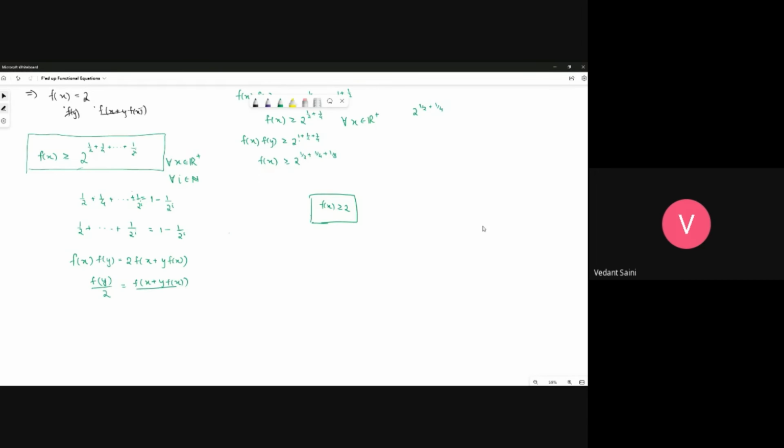Okay. What can you say about f of i over 2? Greater than or equal to 1. Greater or equal to 1.